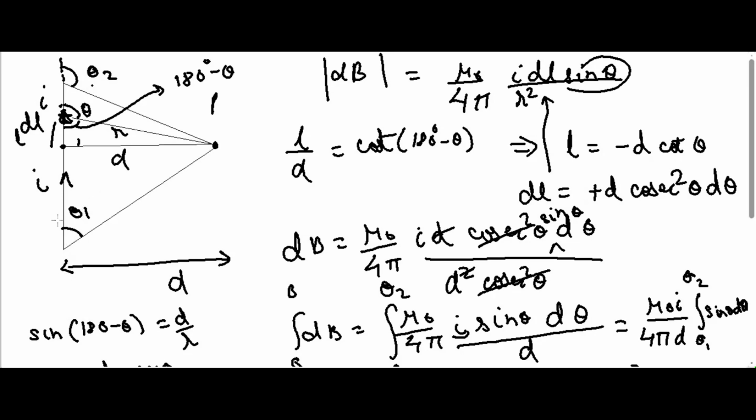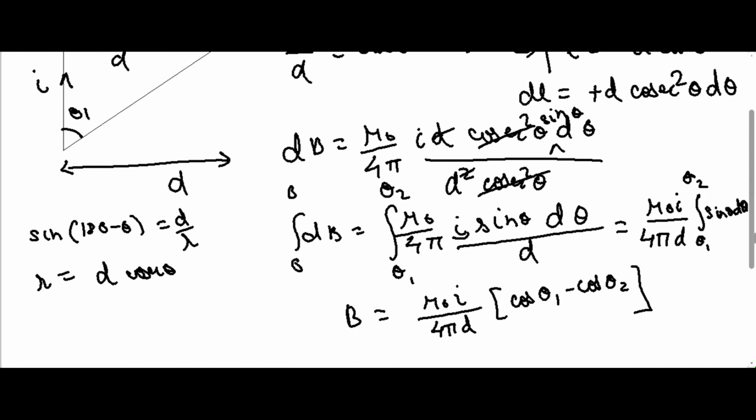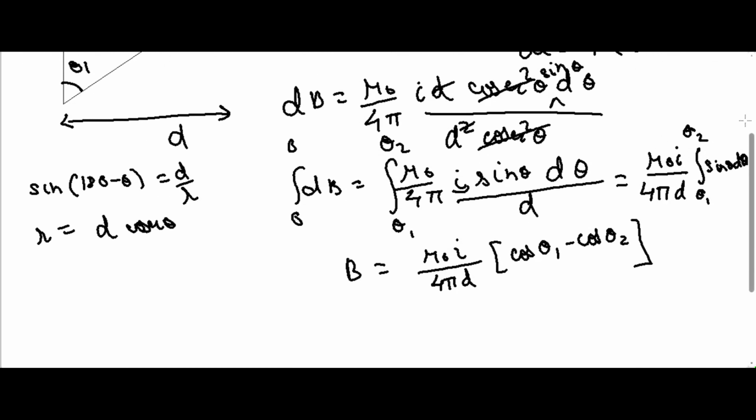If this wire is very long, then theta 1 will be approximately equal to 0, and theta 2 will tend to become 180 degrees. If I take this wire to infinity, then this line will tend to make an angle of 180 degrees with this. So if I put cos 0 is 1 and cos 180 degrees is minus 1, then 1 minus minus 1 will become 2.